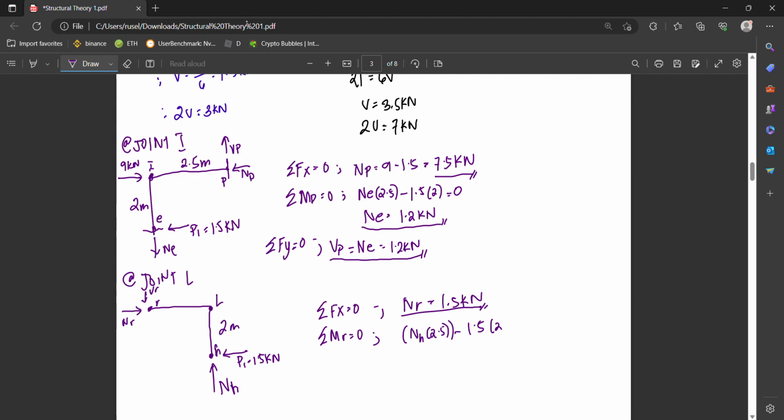This is 2 meters, and this is also 2.5. So your NH is equal to 1.2 kilonewton. Then we get the summation of forces along Y. Your VR is equal to your NH, now 1.2 kilonewton.